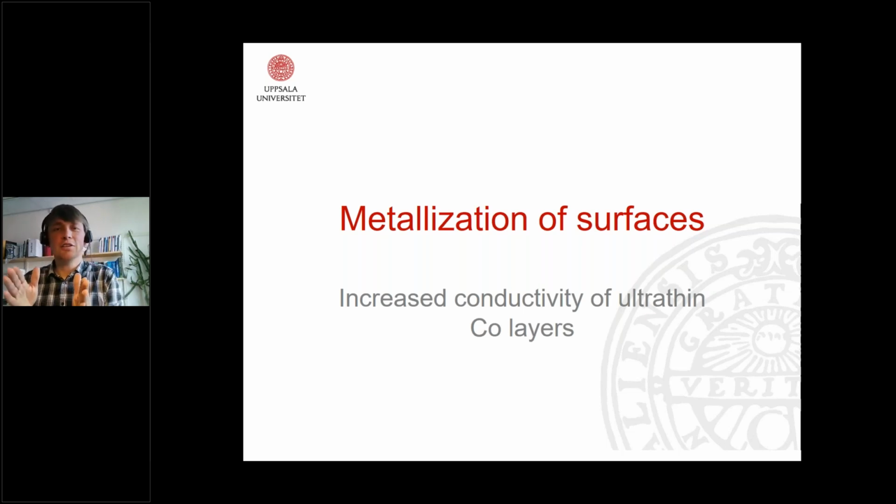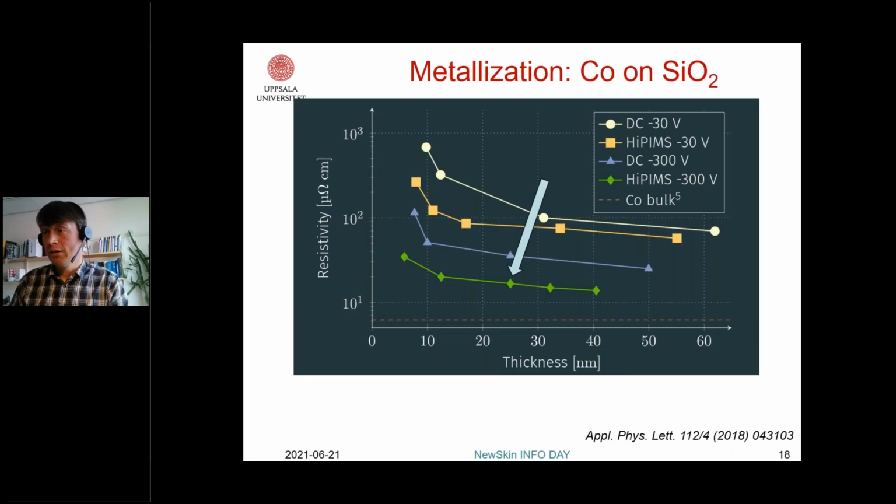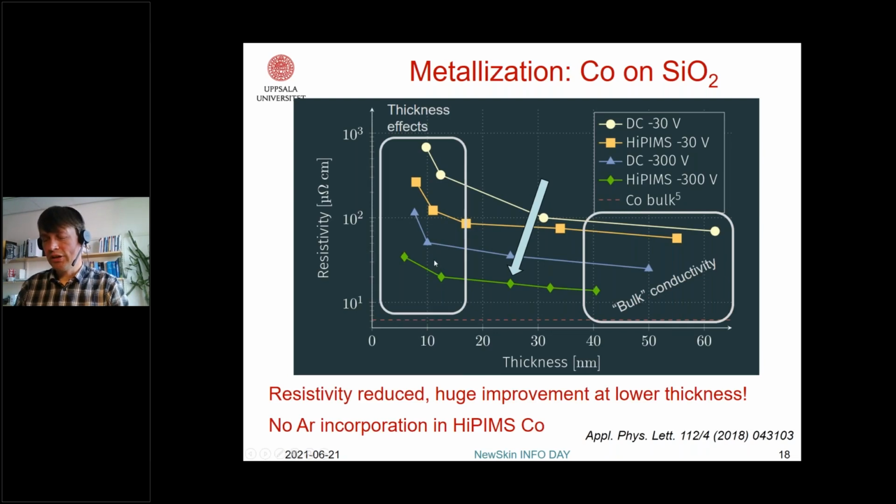The challenge and the exciting stuff happens when this metal film or metal layer is very thin. So we looked at cobalt thin films down to below 10 nanometers. And here we could see that again the growth conditions can change a lot the performance of the cobalt layer, specifically the resistivity. So when ions are involved in the deposition process, the conductivity can improve a lot.